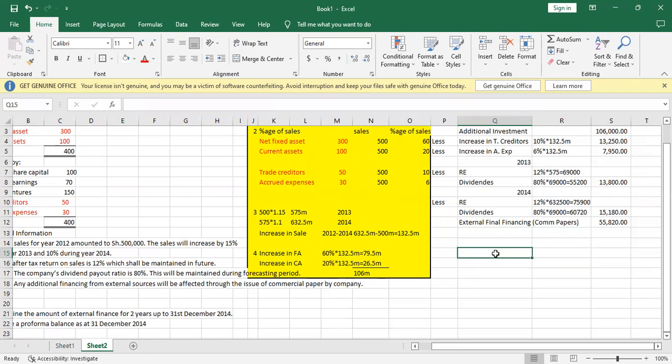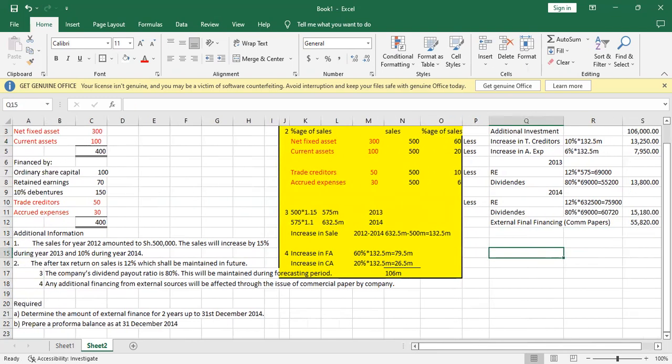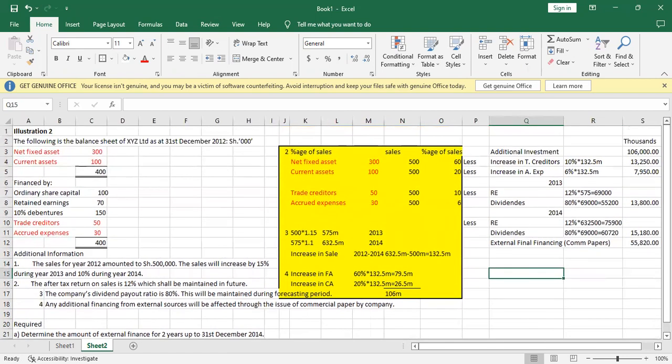Our net fixed asset is 60%, right? So what is 60% of 632.5? I want to see the figures here because I'm trying to prove now. So we are doing the pro forma. What is 60% of 632,500,000?